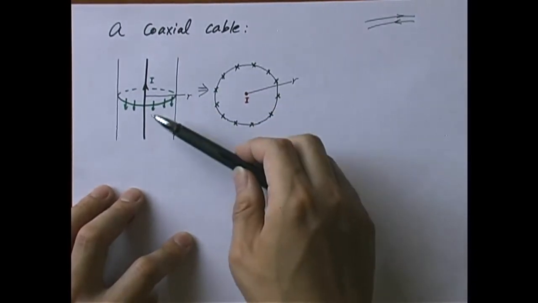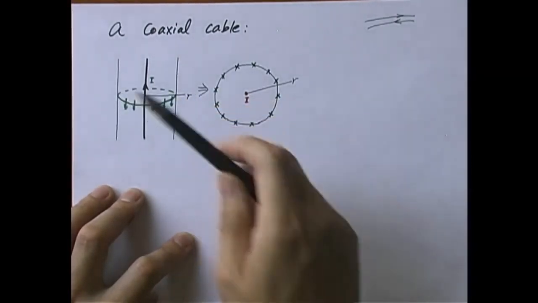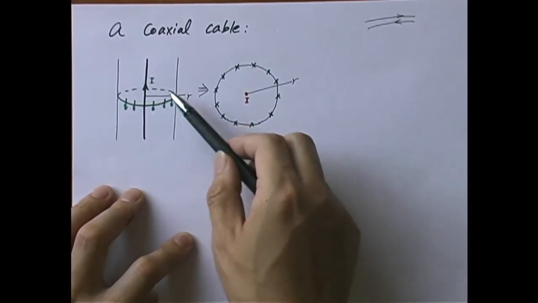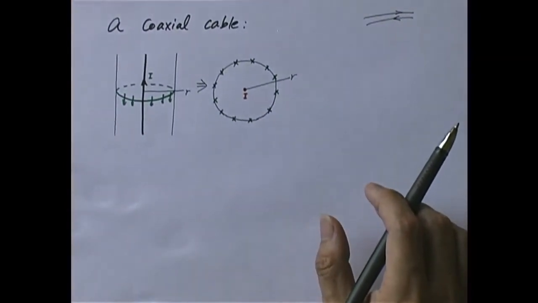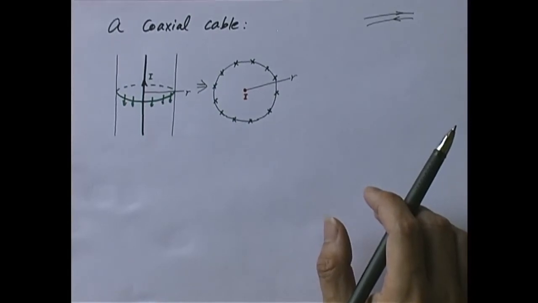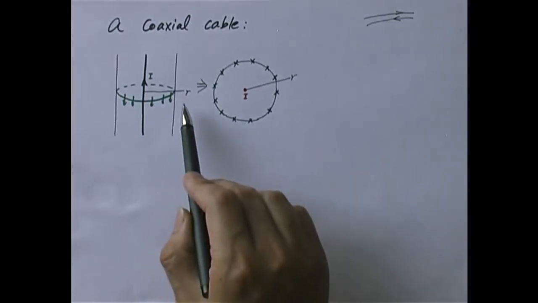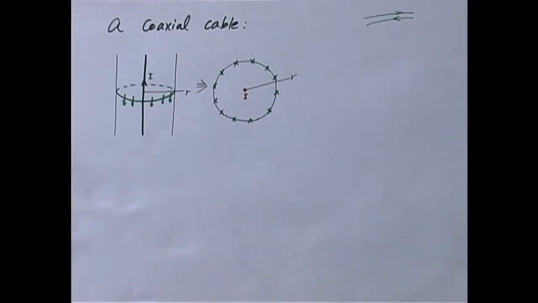That's in order to put the return current on that outside cylinder. And in between the wire and the cylinder, you can consider it's made of insulation material or vacuum. That is called a coaxial cable. It's coaxial because the conducting cylinder and the conducting wire have the same axis.